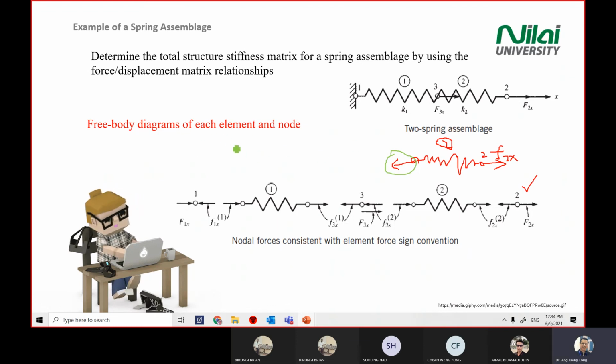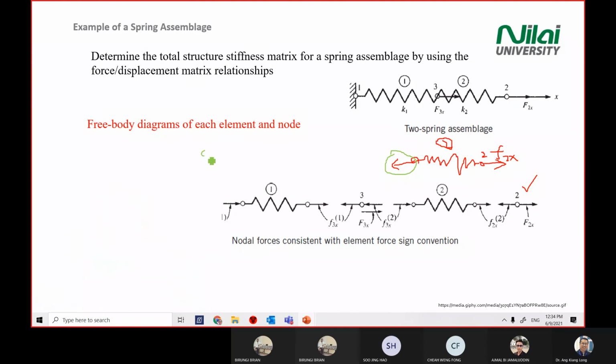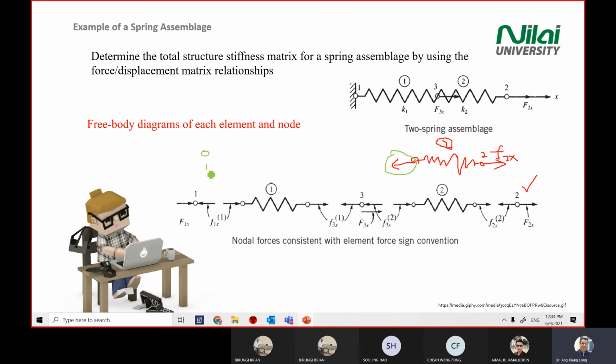Then we try to solve from another side. Solve from point 1. At point 1, you imagine you have two forces pulling to the right.